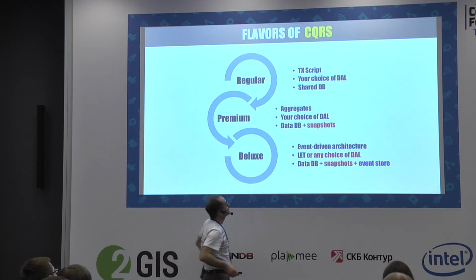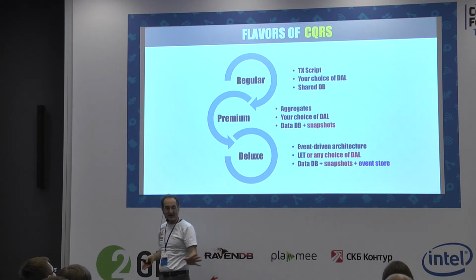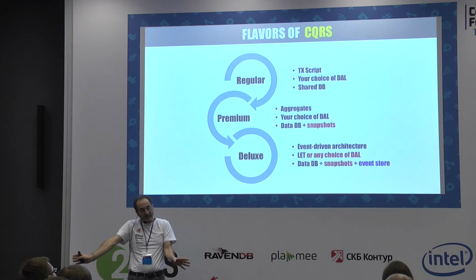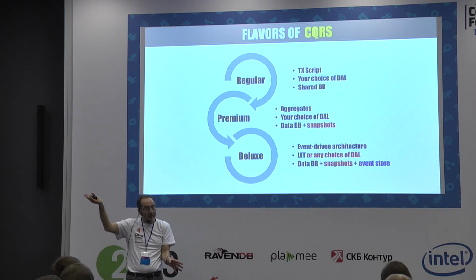In this case, the command stack has a database where it saves the state of the system, and then you can have another parallel database where you write data redundantly in a way that is ready for reading, for the user interface.